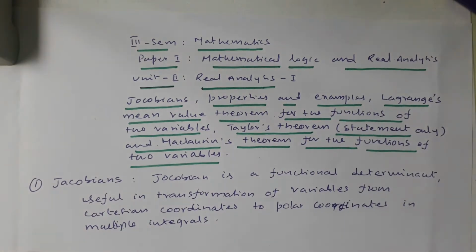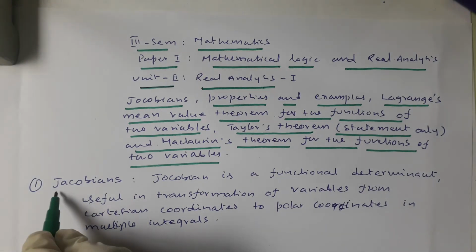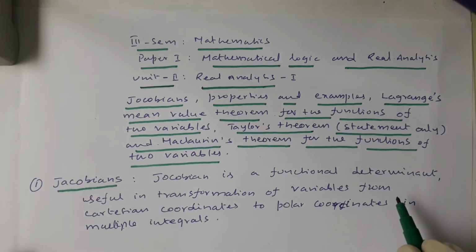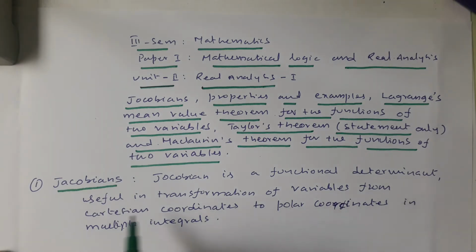Right. Jacobians. What are the Jacobians? Jacobian is a functional determinant. So in the determinant we have the functions which are useful in transformation of variables from Cartesian coordinates to polar coordinates, particularly in multiple integrals.